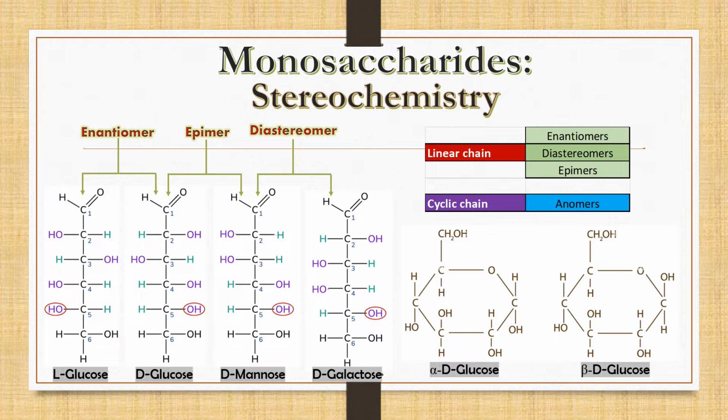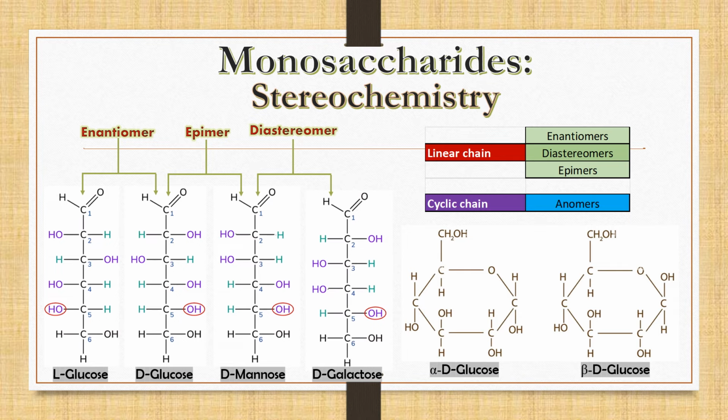The spatial arrangement of atoms around these chiral centers influences carbohydrate properties, including solubility, stability, and biological activity. Stereochemistry dictates carbohydrate conformation, affecting interaction with enzymes, receptors, and other biomolecules in biological systems.